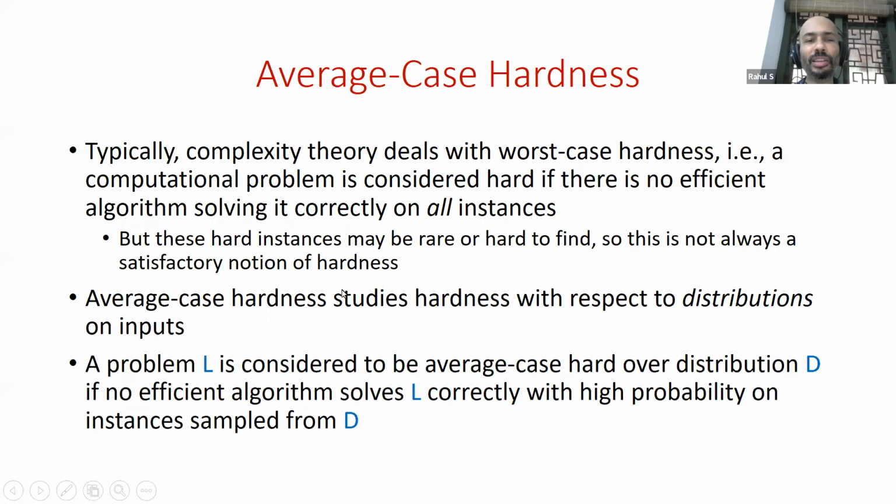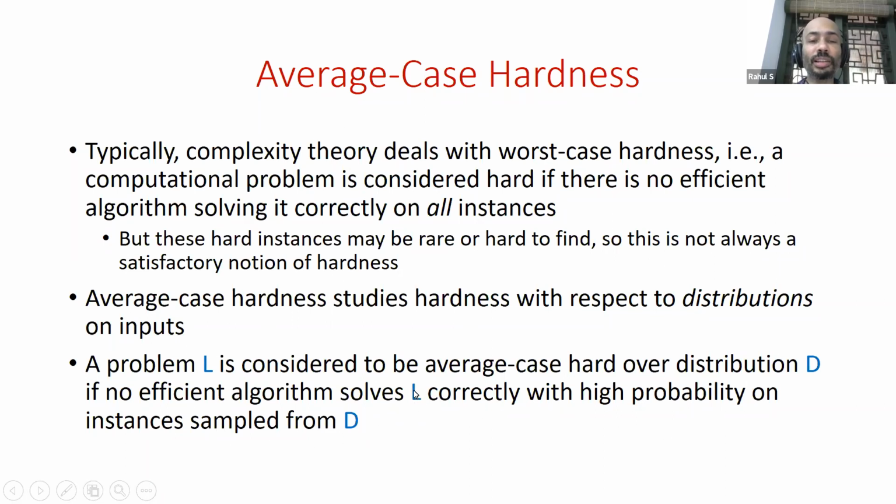Average case hardness, which was studied intensively by Levin and Impagliazzo and others, instead studies hardness with respect to distributions on inputs. A problem L is considered to be average case hard over distribution D if no efficient algorithm solves L correctly with high probability on instances sampled from D. So you sample an instance x from this distribution D, and then you apply the algorithm to that instance.